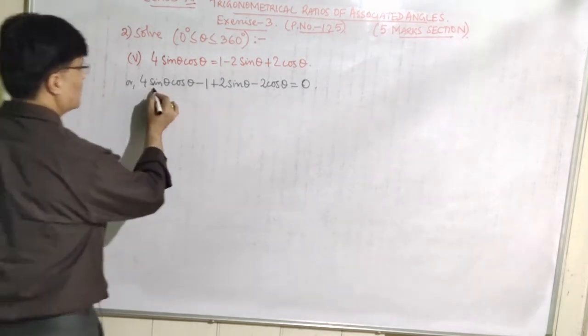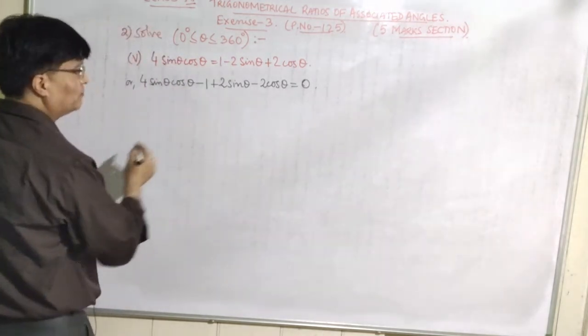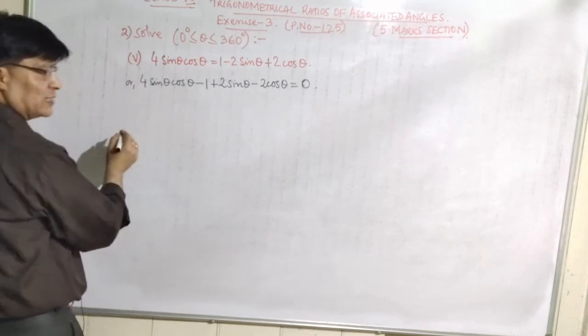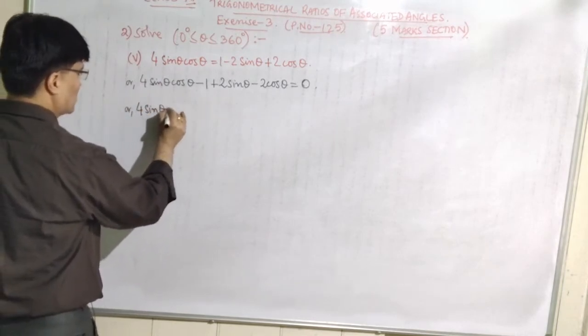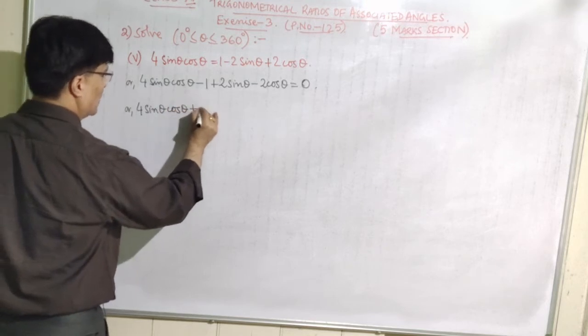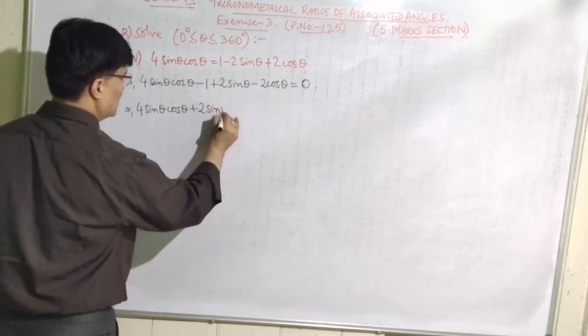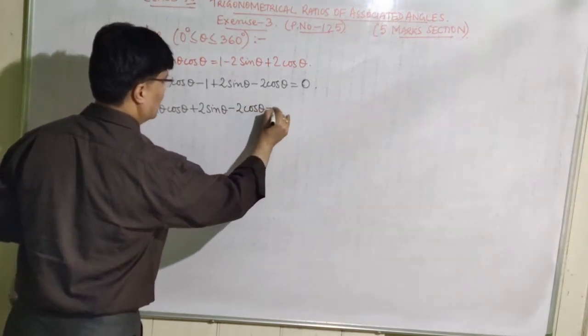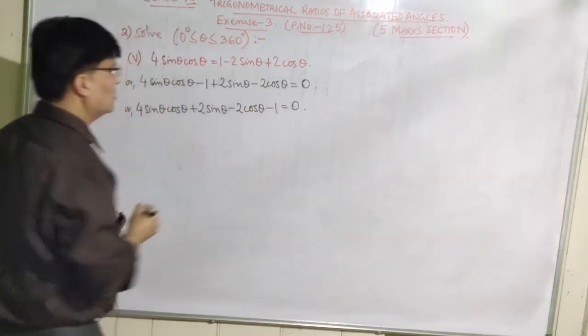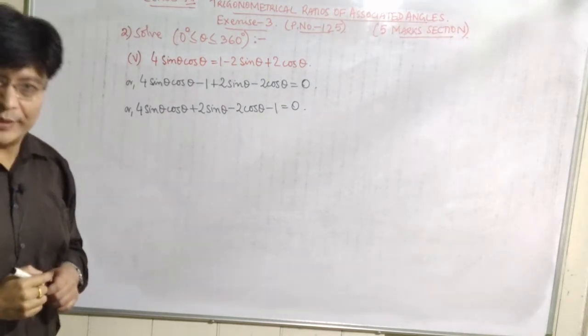So let us take this first term and third term, and then fourth term and the second term, okay? Or this is 4 sin theta cos theta, then plus 2 sin theta, then minus 2 cos theta minus 1, which is equal to 0, okay?